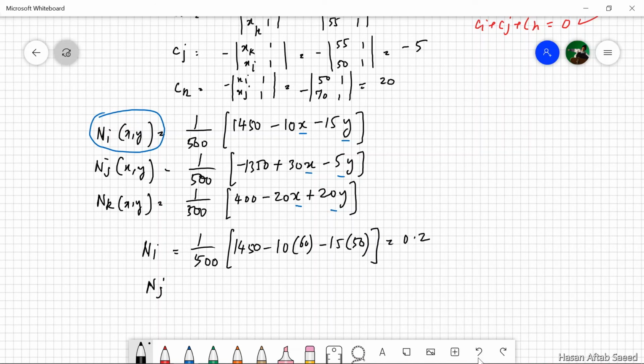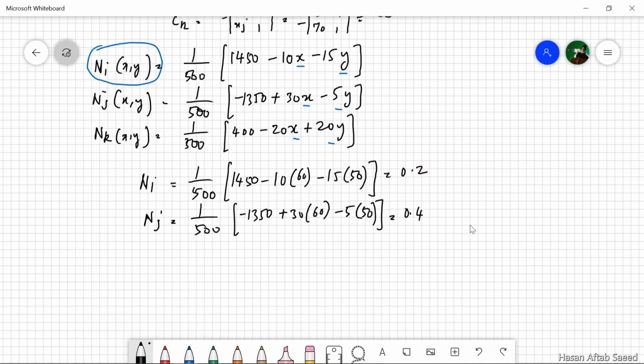Now Nj, again putting the same coordinates, minus 1350, we should verify these values, minus 5 into 50, and this turns out to be 0.4. Now, before even calculating Nk, we know what Nk should be, because we know that Ni plus Nj plus Nk are always equal to 1, so Nk must be 0.4.